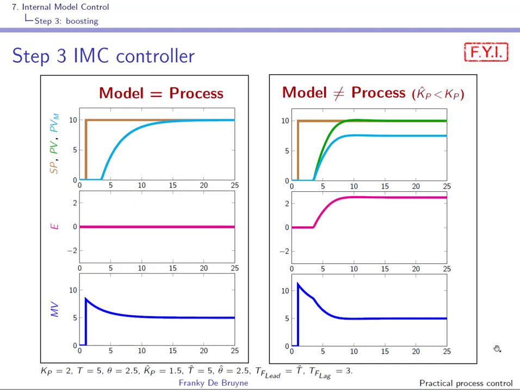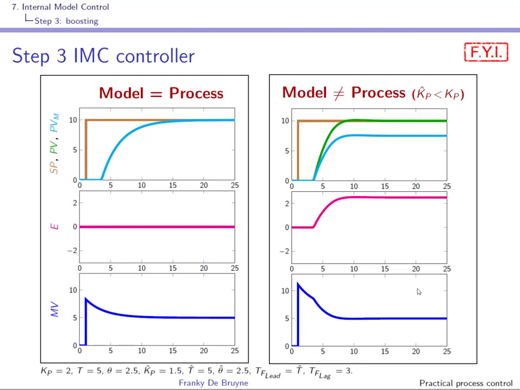Clearly, the steady state analysis that we had made before is still valid, because we only have introduced in the closed loop a lead lag filter that has a static gain 1. So even if the model is not exact in this IMC controller of step 3, PV is still going to go to set point.